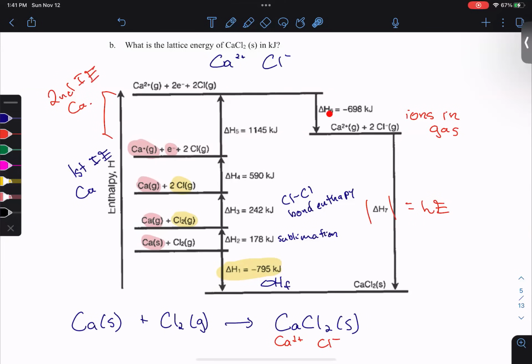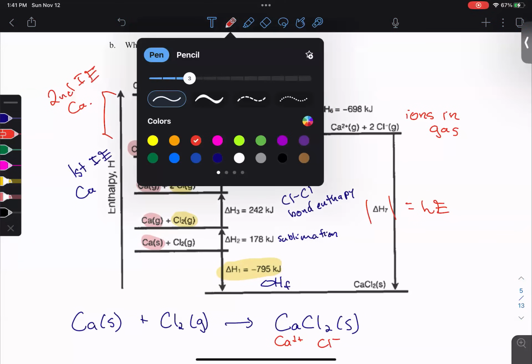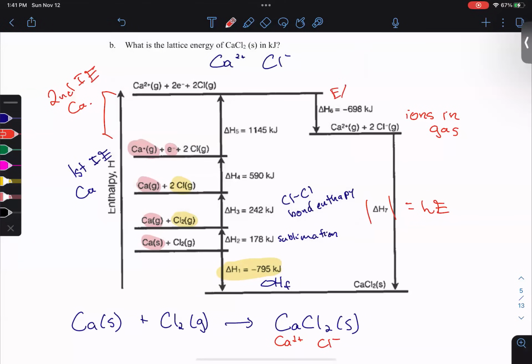So that's what this last step is: the electron affinity of chlorine. Each of these chlorines is going to grab one of those electrons. Typically, especially for nonmetals, electron affinities are exothermic processes, because that electron is highly attracted to the high effective nuclear charge that chlorine has, and so we see that this step is a downward step.